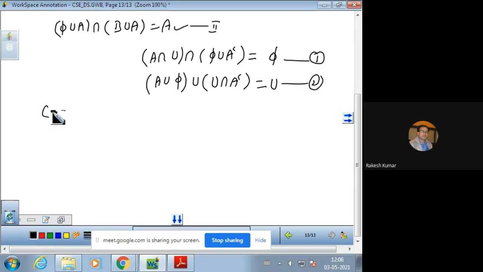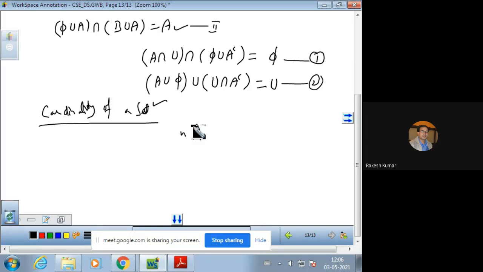Further, we have the definition, that is the cardinality of a set. So what is the meaning of cardinality? The total number of unique elements in the set A is said to be the cardinality of the set A. So the cardinality of the countably infinite set is countably infinite.